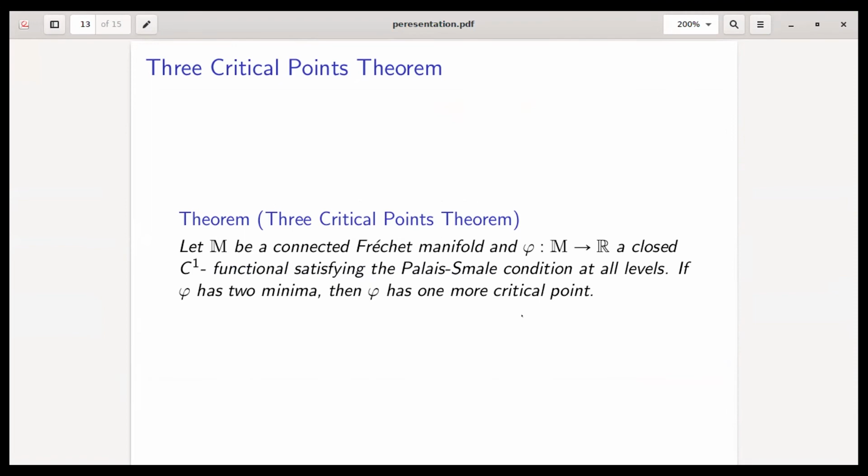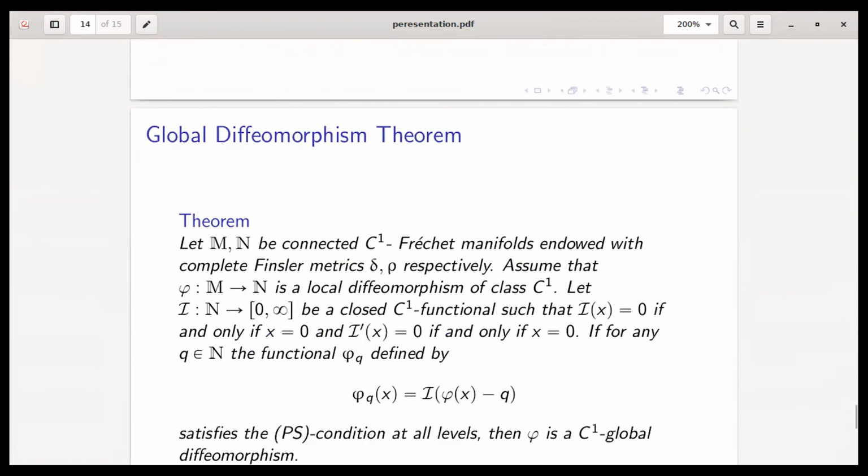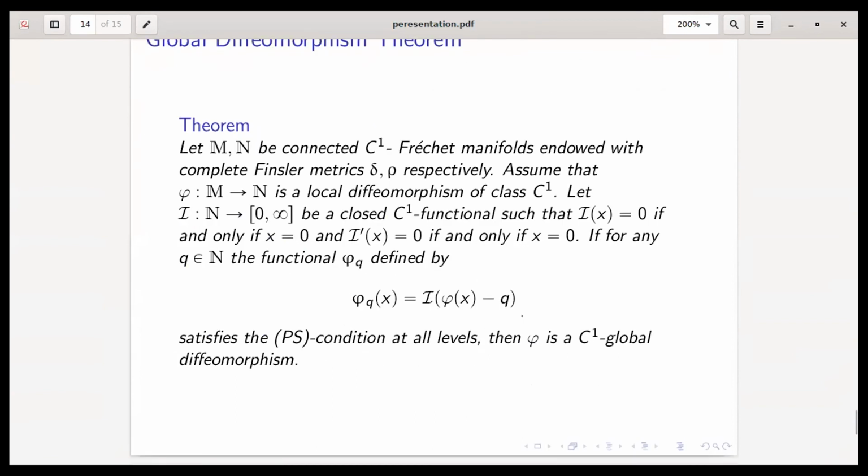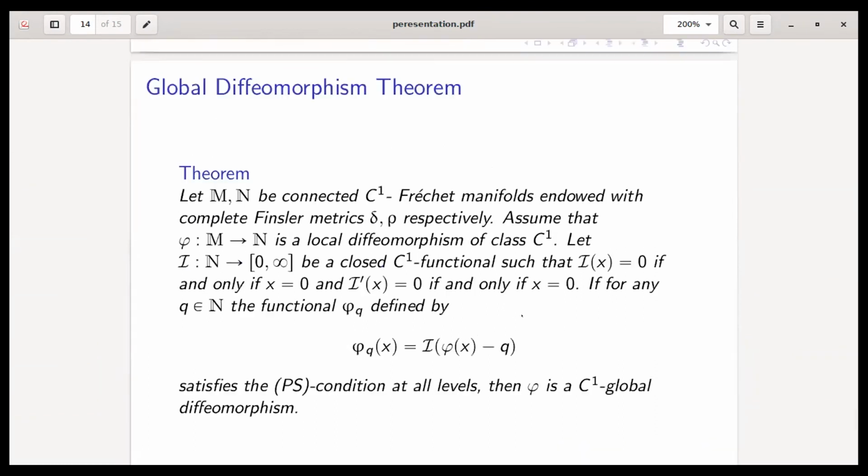Another interesting fact that can be proved by using this method is the answer to a very classical problem in topology, the sufficient condition when a local diffeomorphism is a global one.